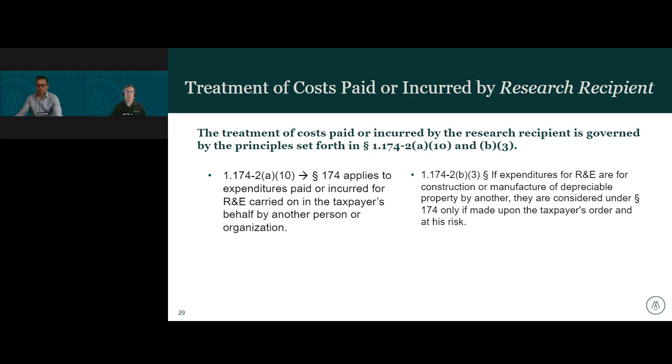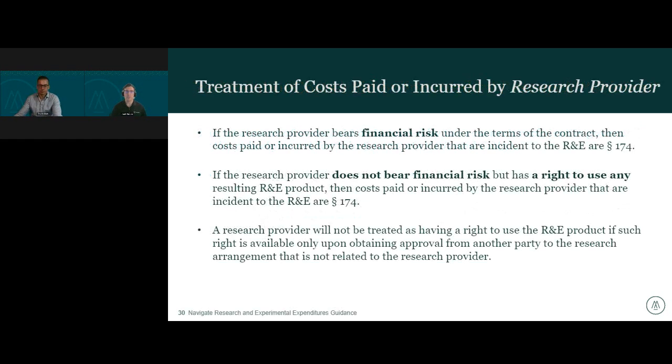However, if we go to the research provider, we have a new guidance that provides essentially a two-pronged analysis. So first, if the research provider bears financial risk under the terms of the contract, then the costs paid or incurred by the research provider that are incident to that R&D are going to be considered under Section 174.